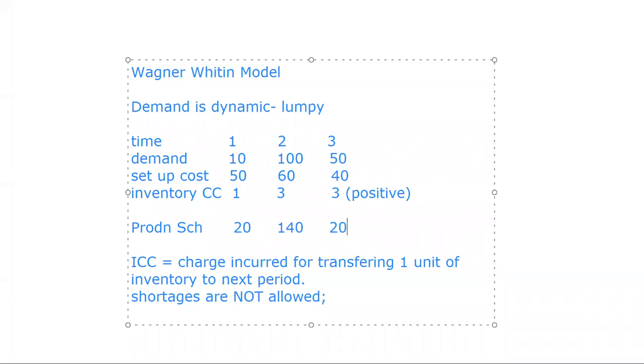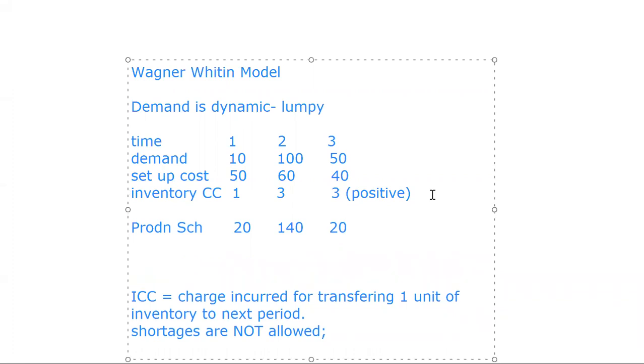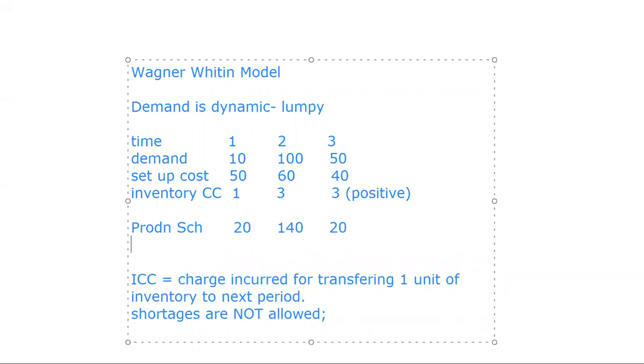So what will be my cost? I will just calculate how much inventory is carried forward. 10 is carried to the next period. And how much inventory is carried to the third period?